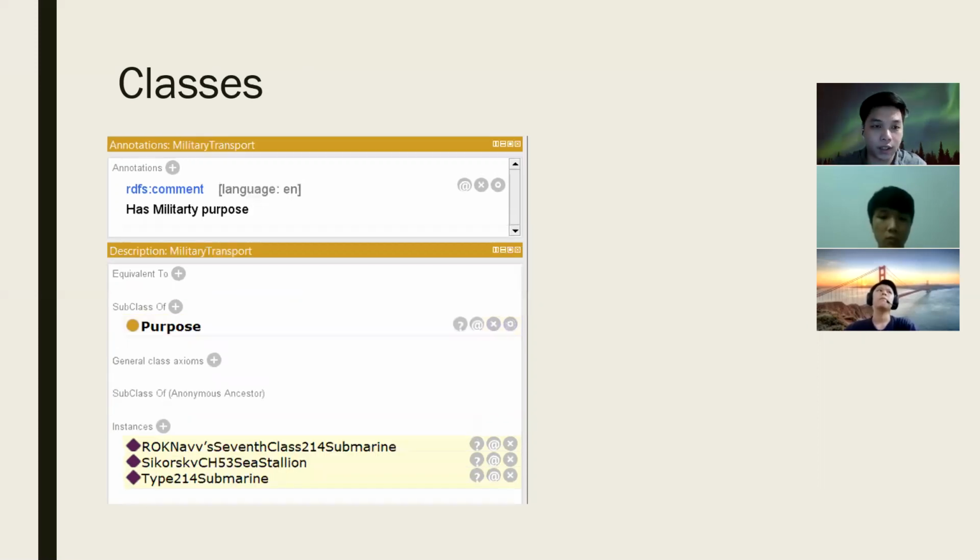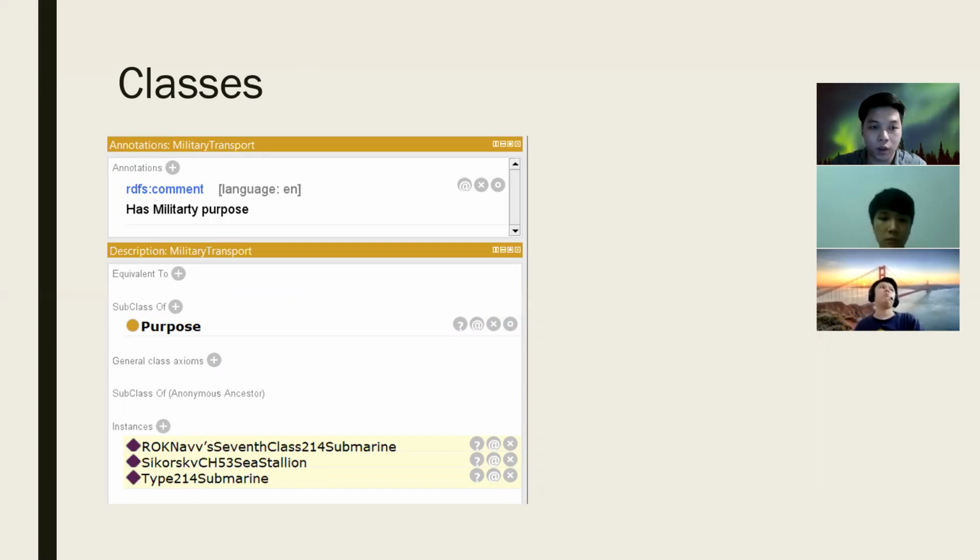Now this is the second class, which is called military transport. The military transport shows how vehicles are being used. The purpose of this vehicle maybe is to carry passengers, for racing, or for military purpose.